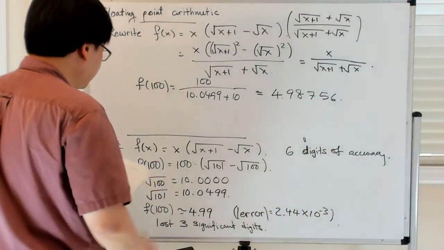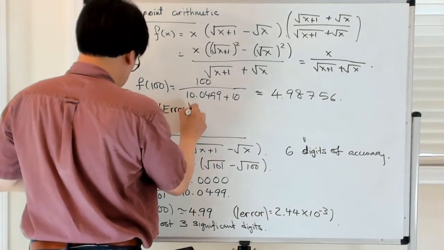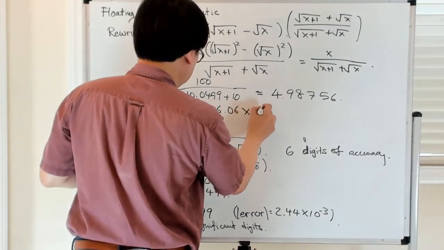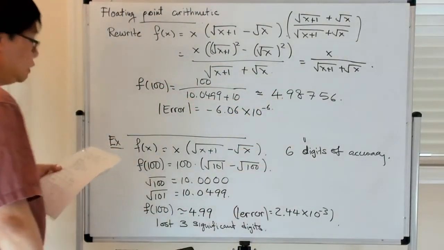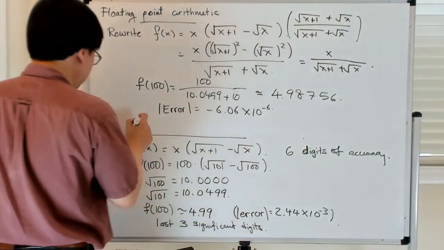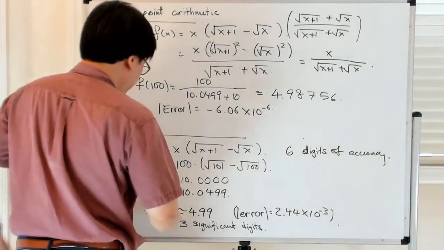And now my error is minus 6.06 times 10 to the minus 6. So you still have your full 6 digits of accuracy, which we started off with. We've kept our 6 digits of accuracy.